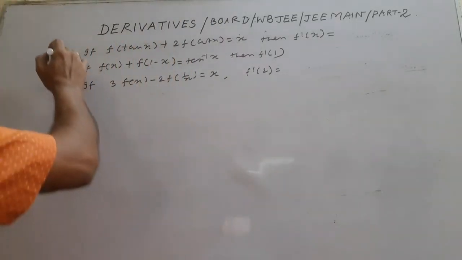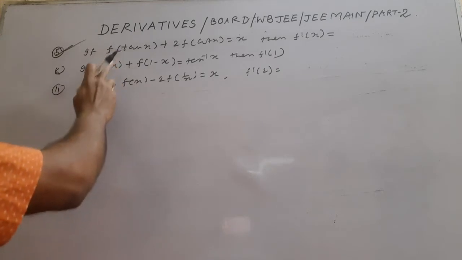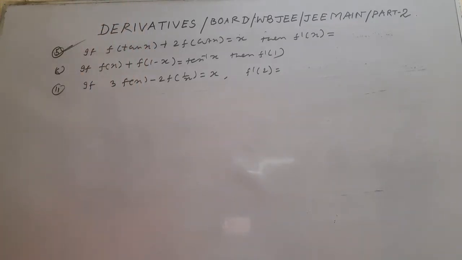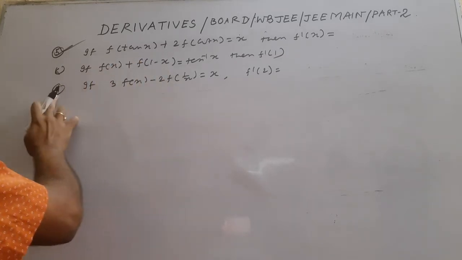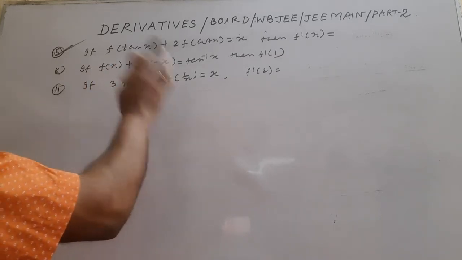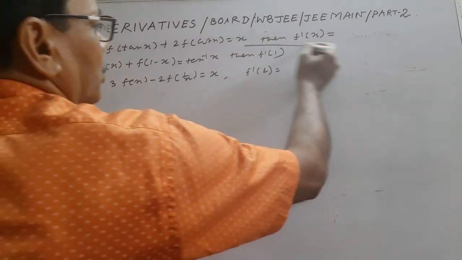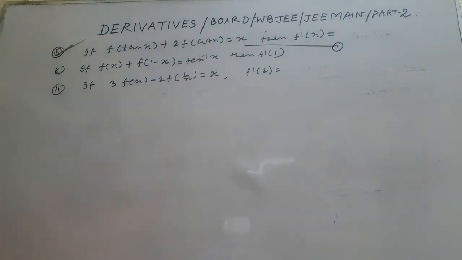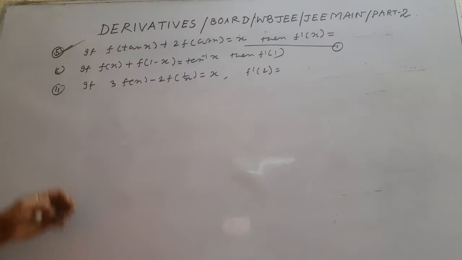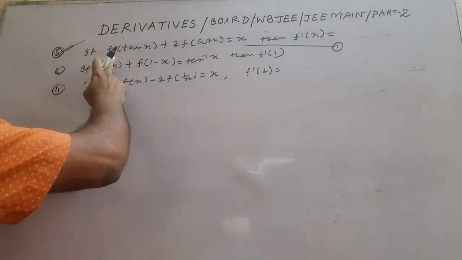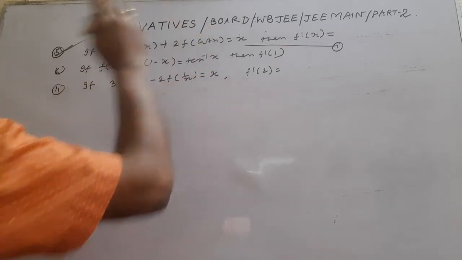So consider problem number 5. Problem number 6 is simple. Look, your main aim is to find fx. So you have to replace x by 1 minus x. Now problem number 5. So fx is given. Now changing x, our main aim will be to get a functional relation involving tan x and cot x.